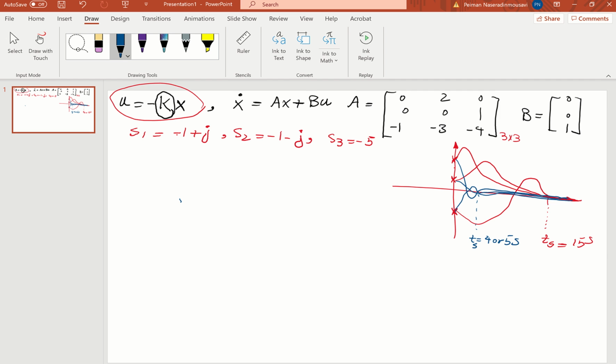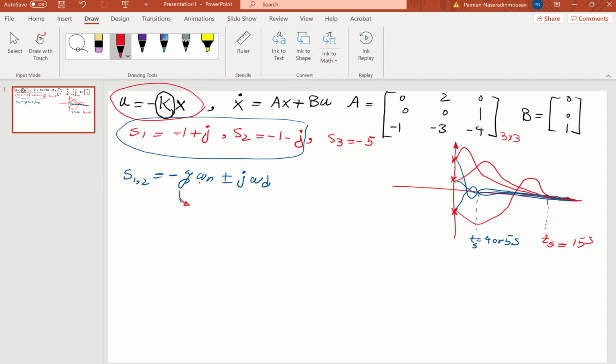Because remember, from undergraduate control and vibration, when you have a pair of complex conjugate poles, s1 and s2, or p1 and p2, or lambda 1 and lambda 2, the poles have this general format: minus zeta omega n plus or minus j omega d. That's right, this is undergraduate control and vibration.